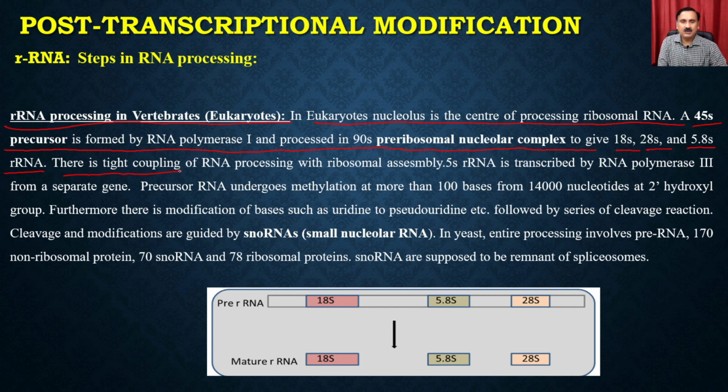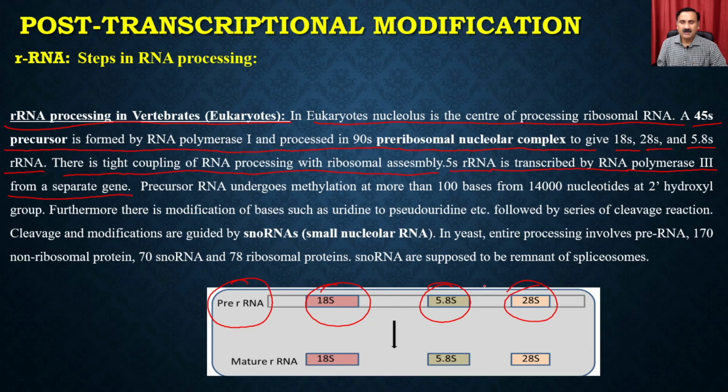There is a tight coupling of RNA processing with ribosomal assembly. 5S ribosomal RNA is transcribed by RNA polymerase III from a separate gene. So in this case, you have the pre-ribosomal RNA which is going to have the 18S, 5.8S and 28S.